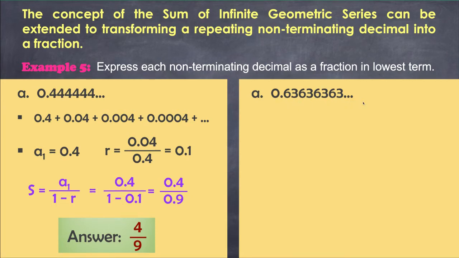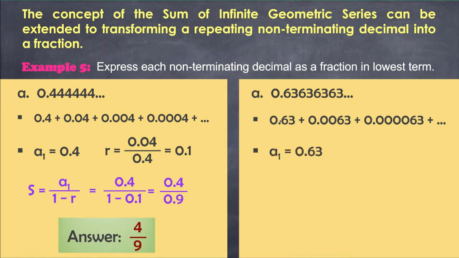0.63636363 dot dot dot. Notice that here there are two values that repeat, 6 and 3. Therefore, this can be expressed as 0.63 plus 0.0063, adding two zeros since there are two repeating values, plus 0.000063 plus and so on and so forth.